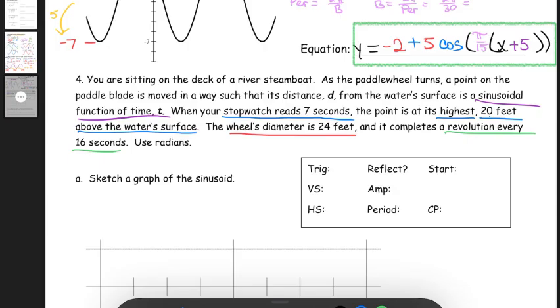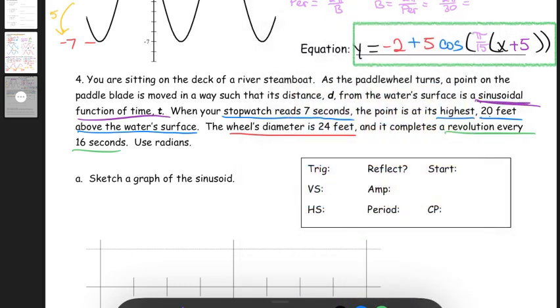Okay, so the paddle wheel has to be in the water for at least a little bit so that it can push the water along so it moves the boat down the river. Okay, now what we need to figure out is where a cycle could start.